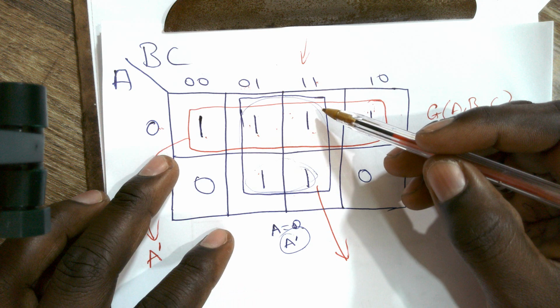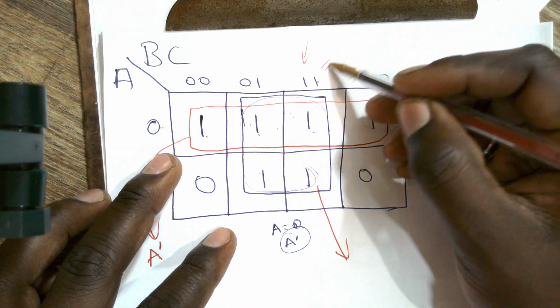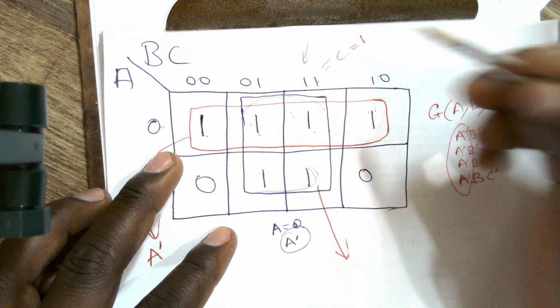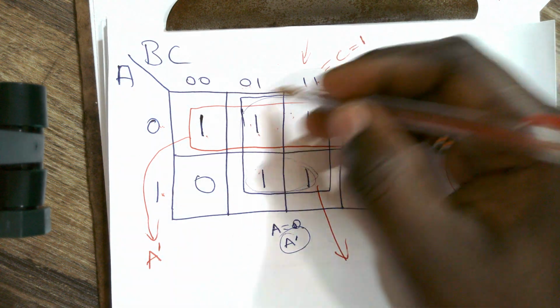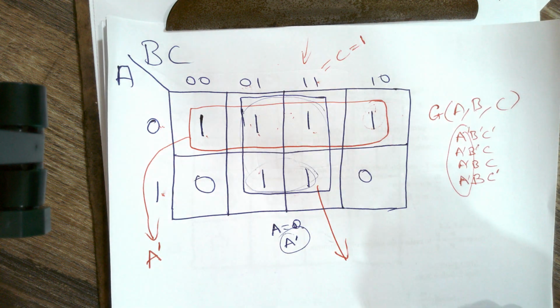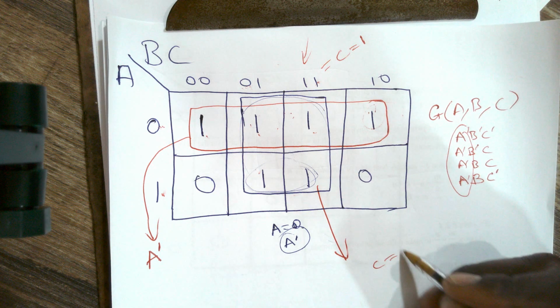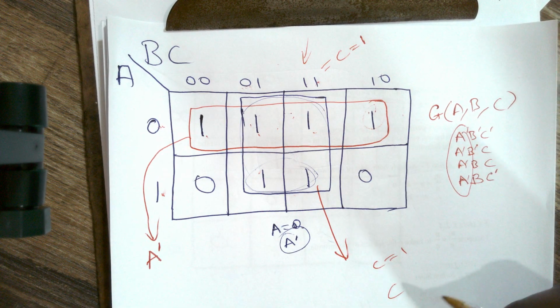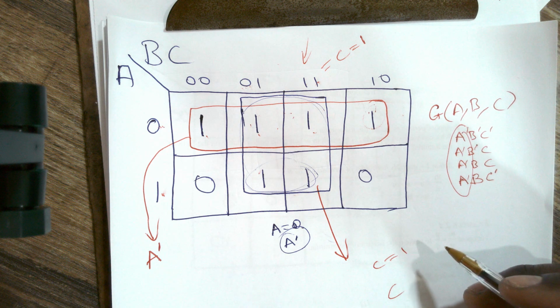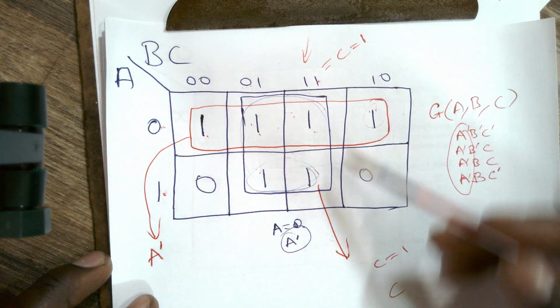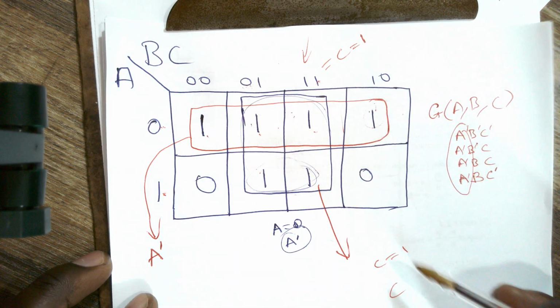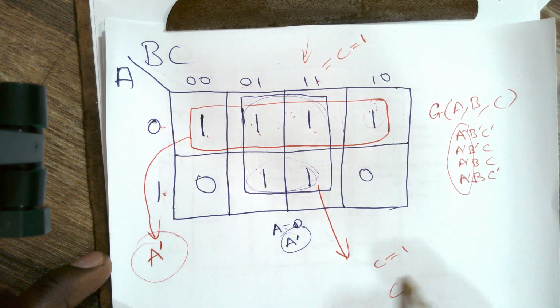So therefore, C equals 1 is what is common to all of the ones in this square. And C equals 1 is equal to C. The expression is C.